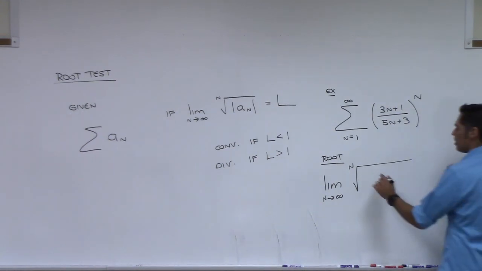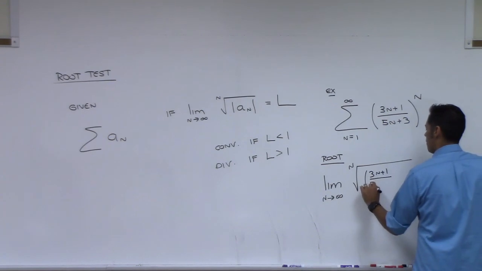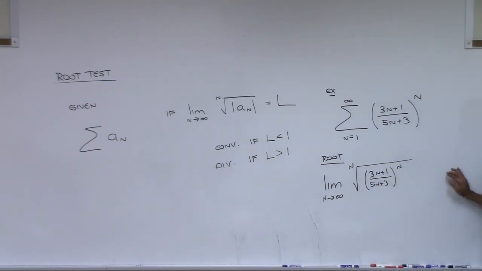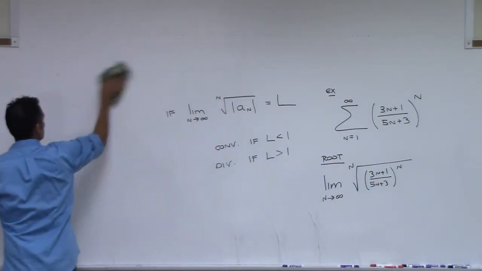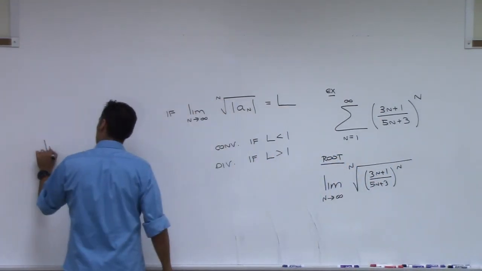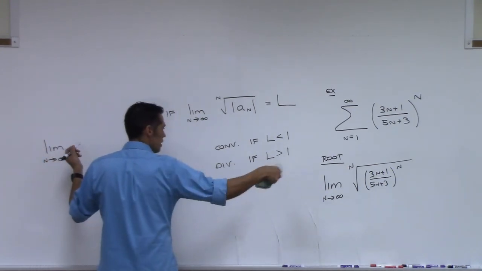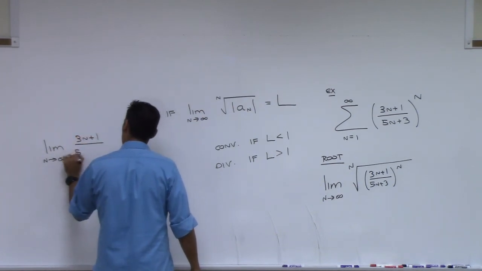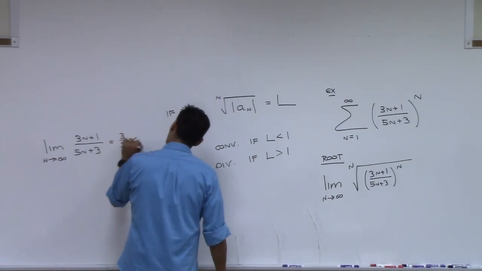So I'm just going to do (3n plus 1 over 5n plus 3) to the n, which is the limit as n goes to infinity of, the root and the power cancel, 3n plus 1 over 5n plus 3, which is 3/5, which is less than 1.